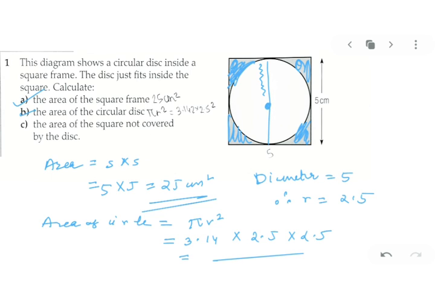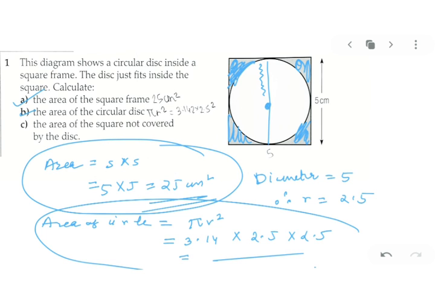So yes, you have to go for area of square, which you got here, and area of circle. When you subtract them, you will get area of square not covered by disk, or you can say area of shaded region. What will it be? That will be area of square minus area of circle. Is that clear?